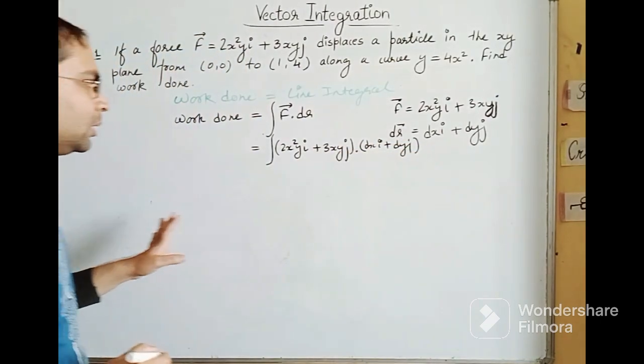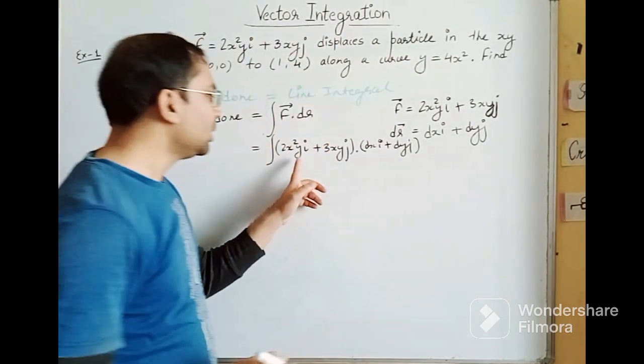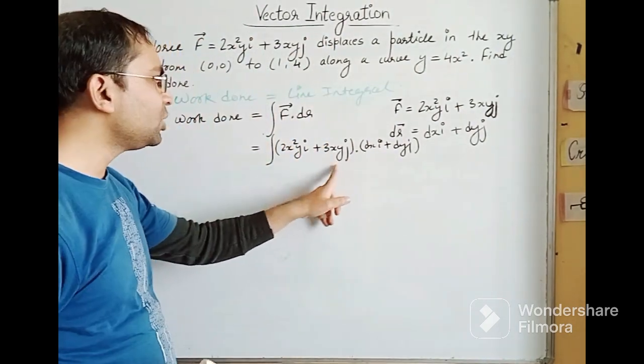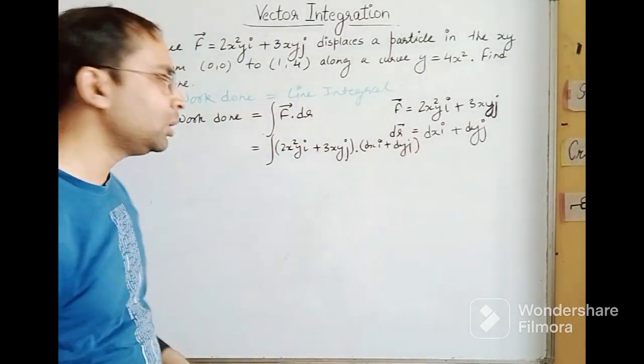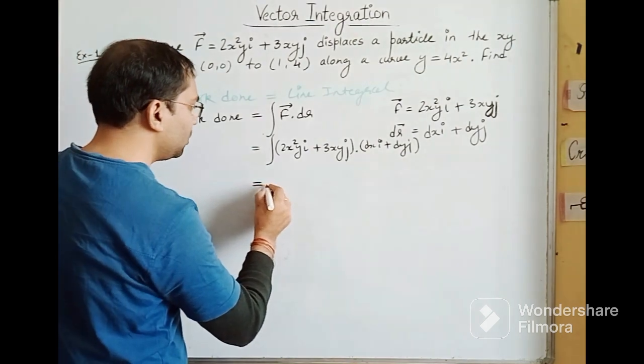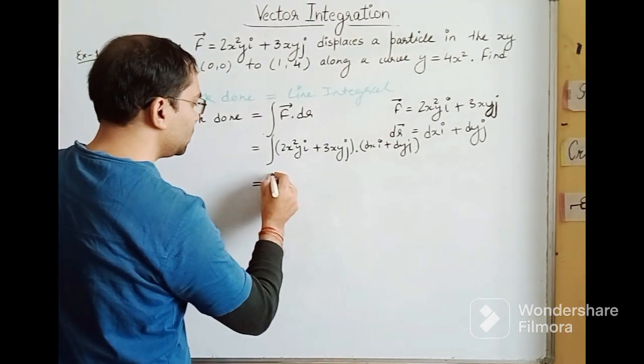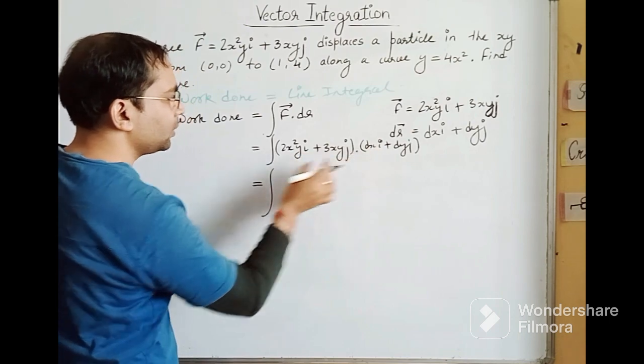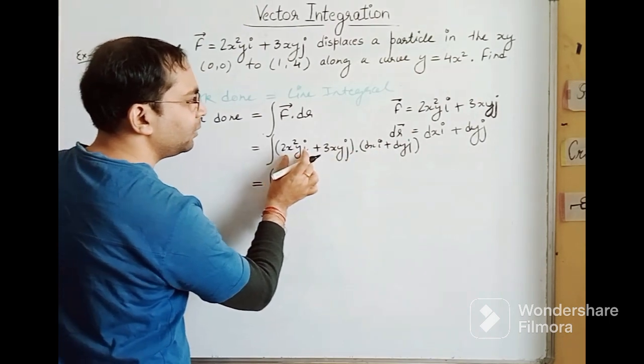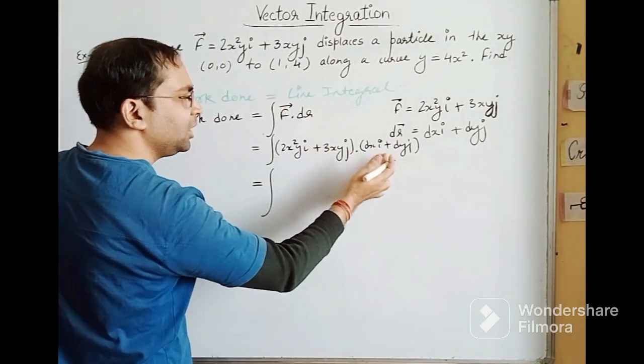We all know that in the dot product, i dot i is 1 and j dot j is 1, and everything else will be 0. So once we perform the dot product, 2x square y i dot i gives 2x square y dx, because i dot i is 1.